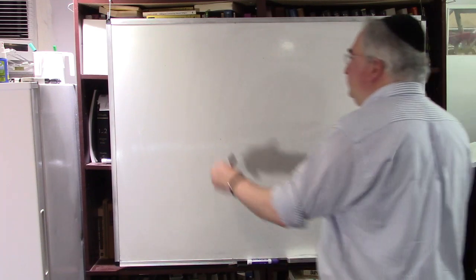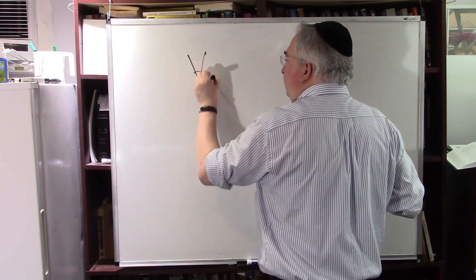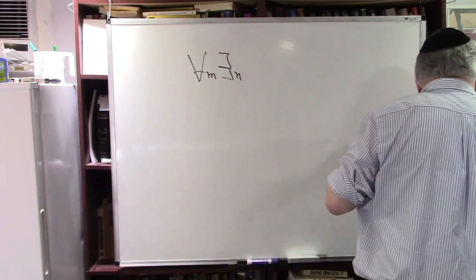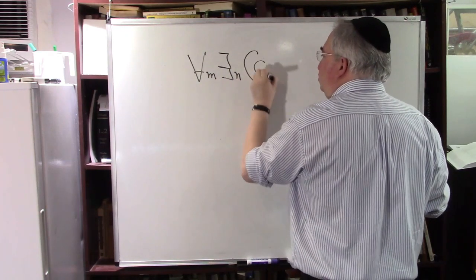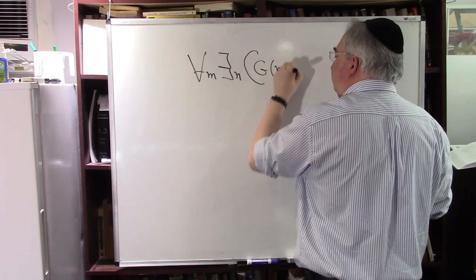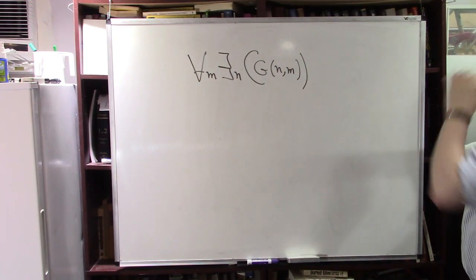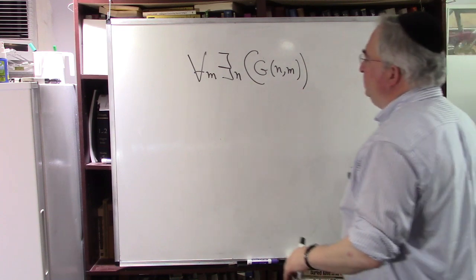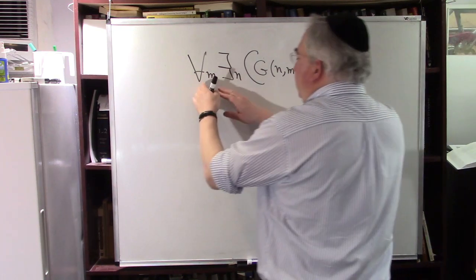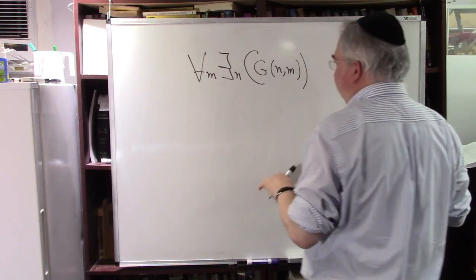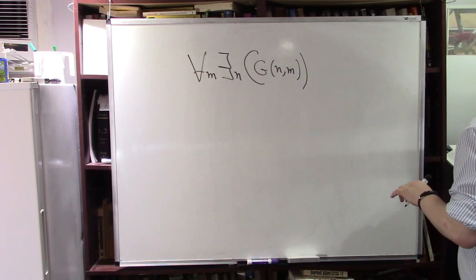It says as follows. For all m, there exists an n such that G of n comma m. The way we have to read this is as follows. For all m, the following is true: there exists an n. Let me just make sure I got this right.